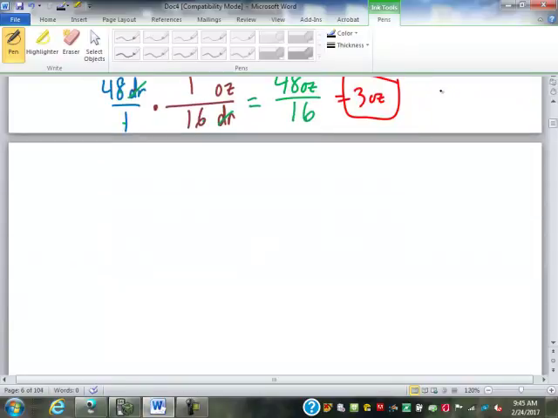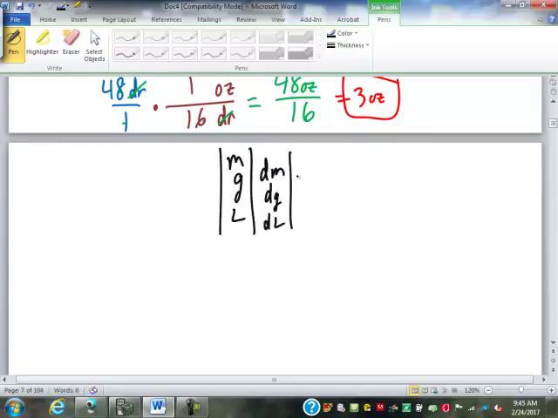In the metric system, we can do the same type of conversion if we want to. We've got meters, grams, liters, decimeters, decigrams, deciliters, centimeters, centigrams, centiliters, millimeters, milligrams, milliliters. I'm going to stop there because the conversions will be the same if we kept going smaller.